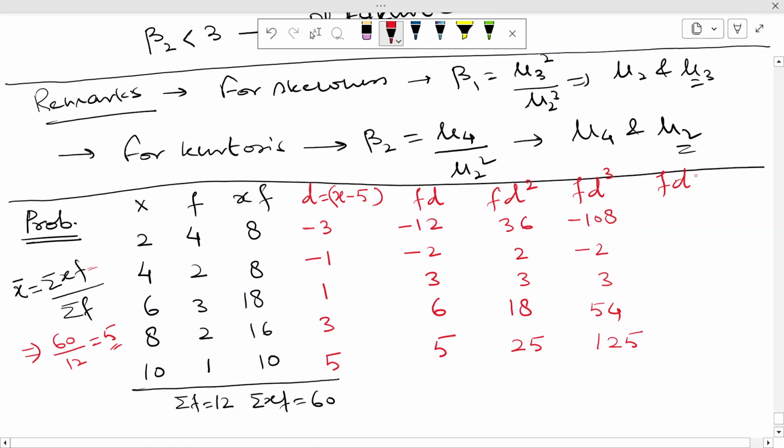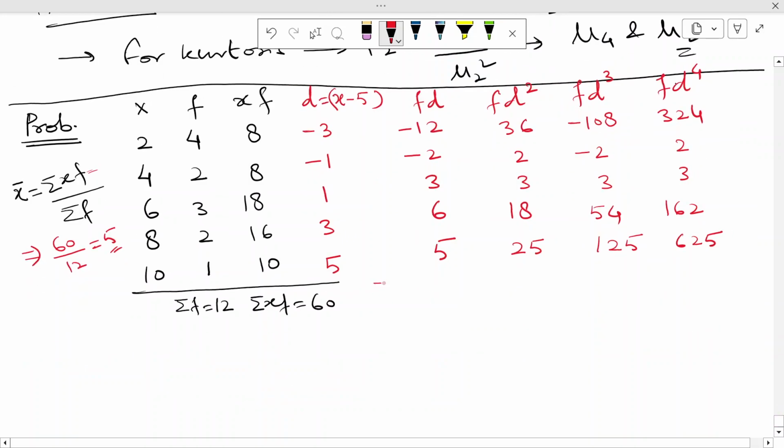Lastly, to get fd4 we multiply fd cube by the corresponding deviations. So this is coming out as 324, 2, 3, 162, and lastly 625.